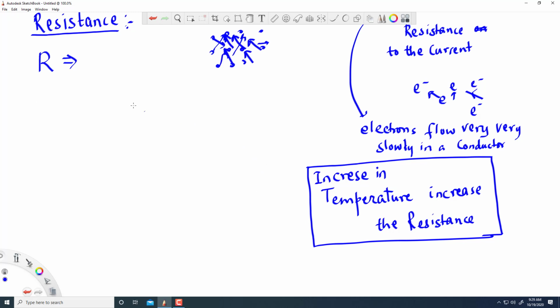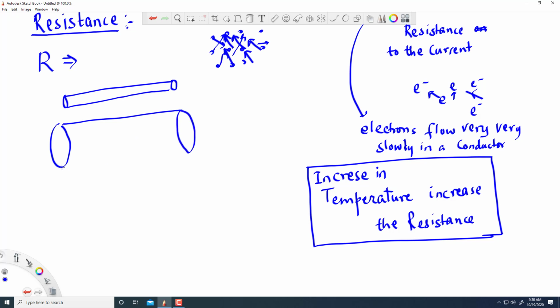So you compare a small wire with a small cross section versus a bigger wire with bigger cross section. Which one will have higher resistance, or in other words, in which one the electrons will bump over each other more? So you have electrons here, compact electrons.